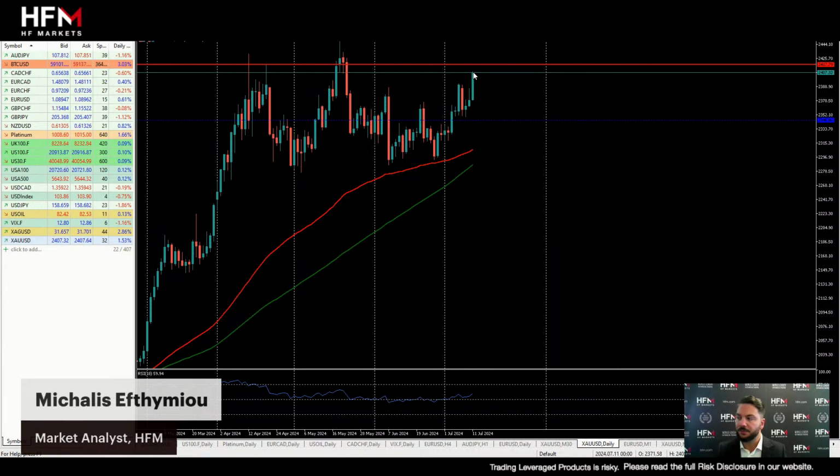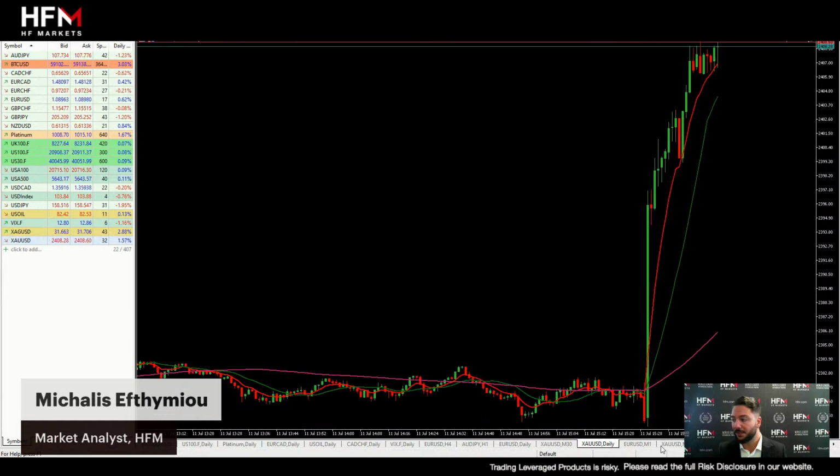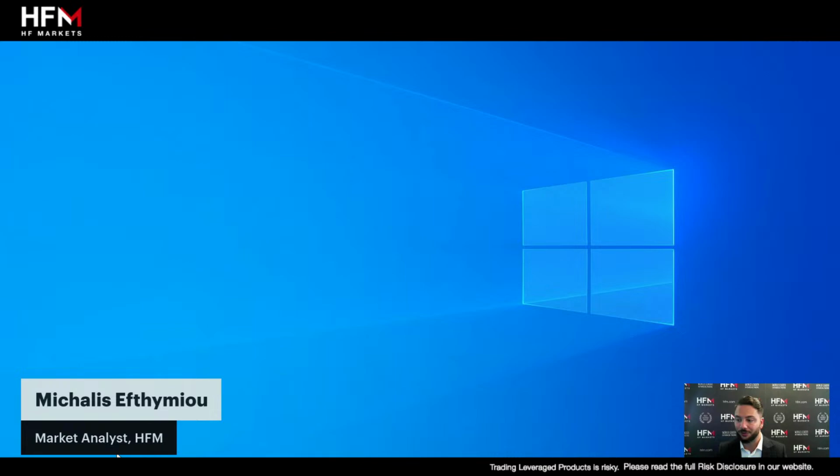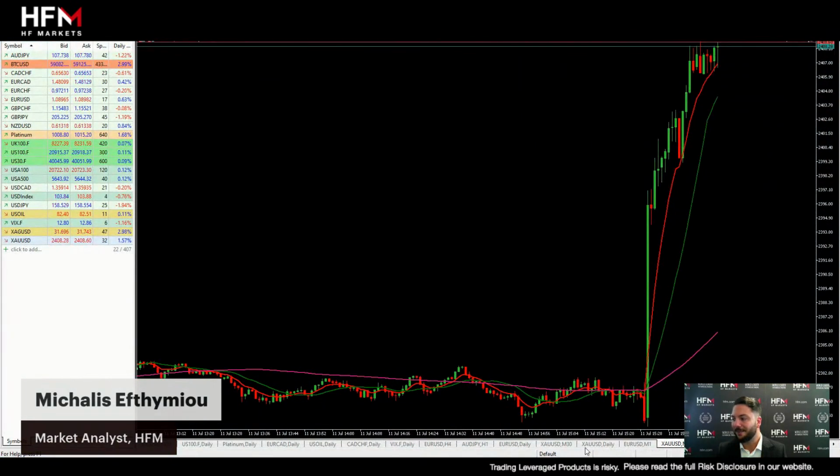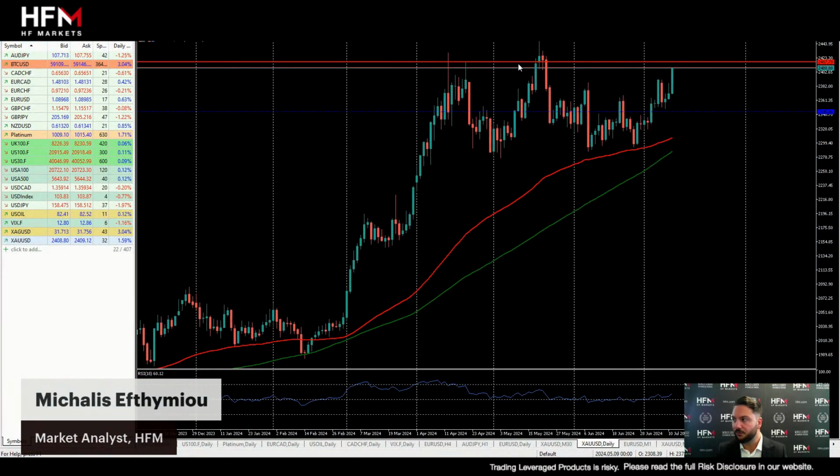So at the moment, we need to be cautious of a retracement because it also hasn't retraced yet at all. If we go to the 1 minute, guys, we can see it hasn't retraced at all. So we need to be cautious of a retracement. But we've also got some room for upward price movement till we get to the resistance level.